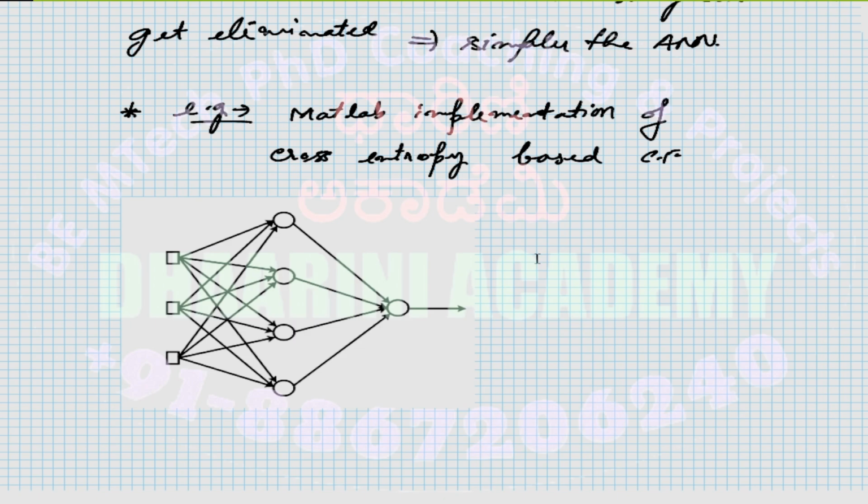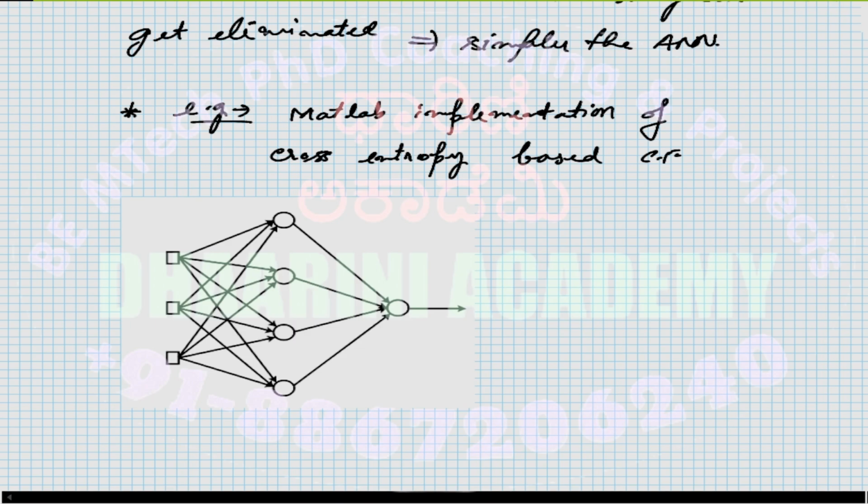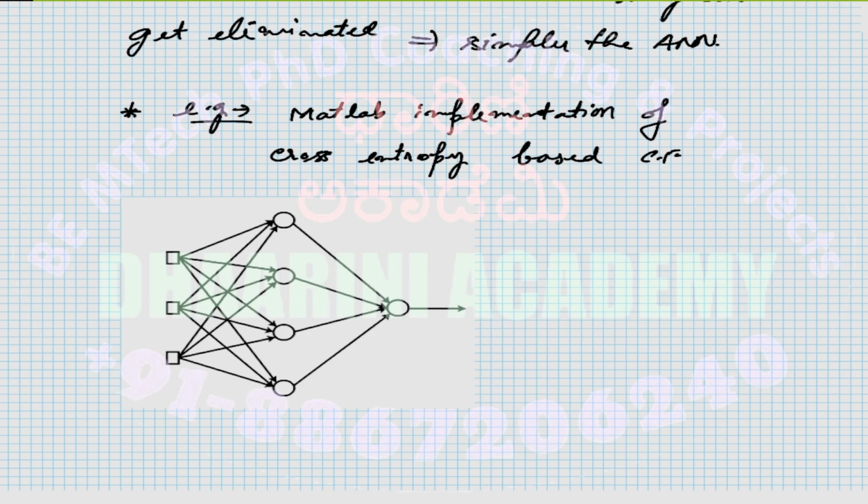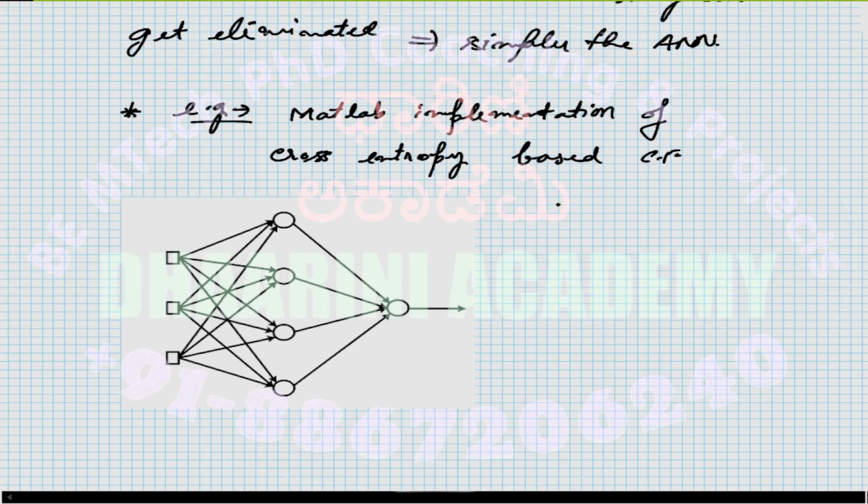So this is the neural network architecture, and let's use similar training data. The data set that we are going to use will be like this.